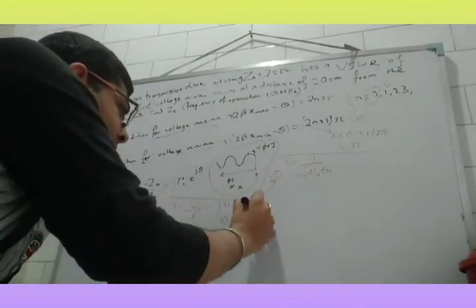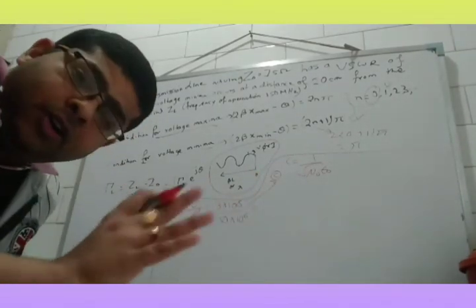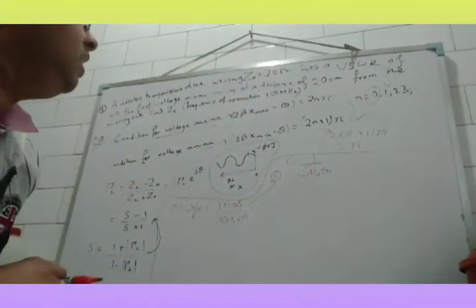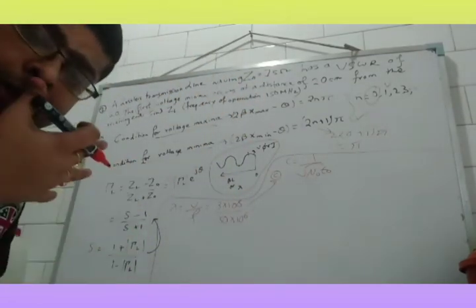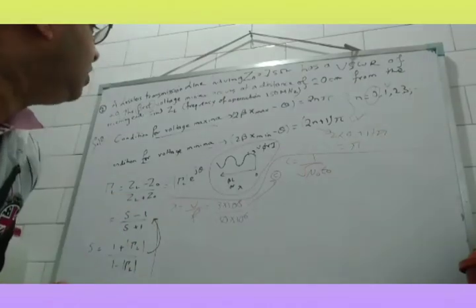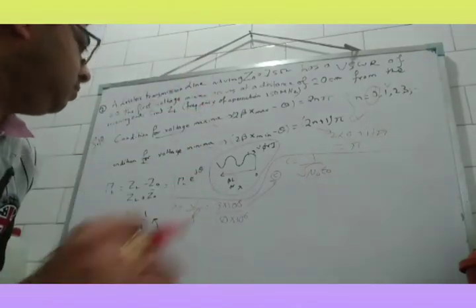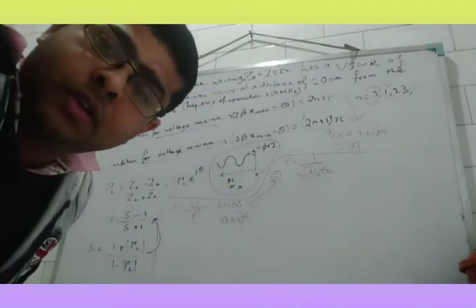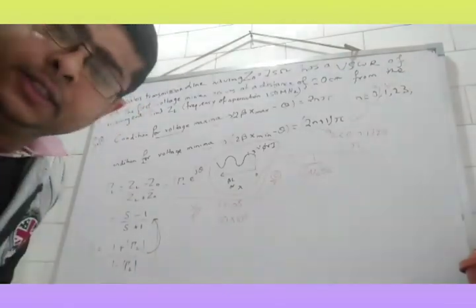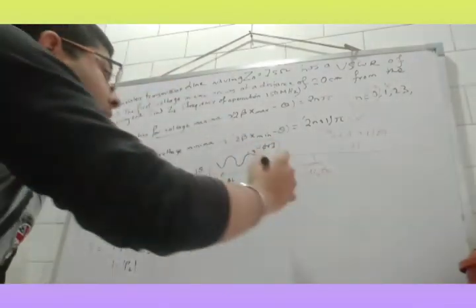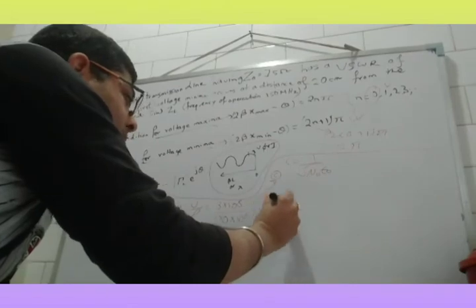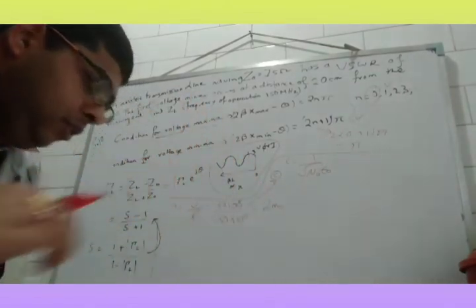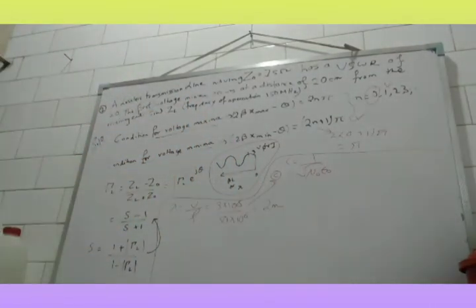So this basically is the velocity you can consider, because nothing is given here. The dielectric constant is also not given, so we can simply consider free space. Okay, so this wavelength will come out as 2 meter.